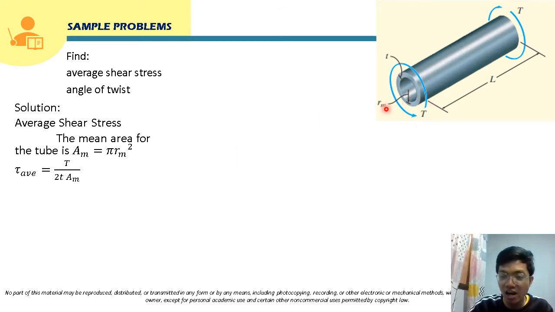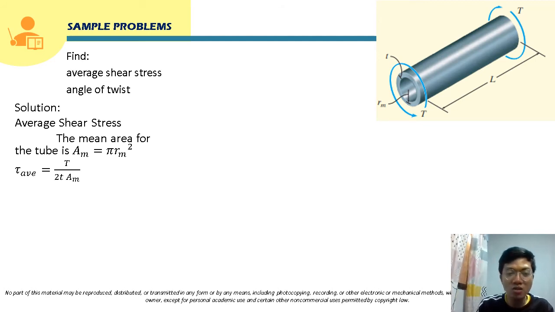That is r_m. For a circular shape, the formula for its area is pi r squared. So to solve for the mean area enclosed by the median line, which is a circle, that will just be pi r_m squared.